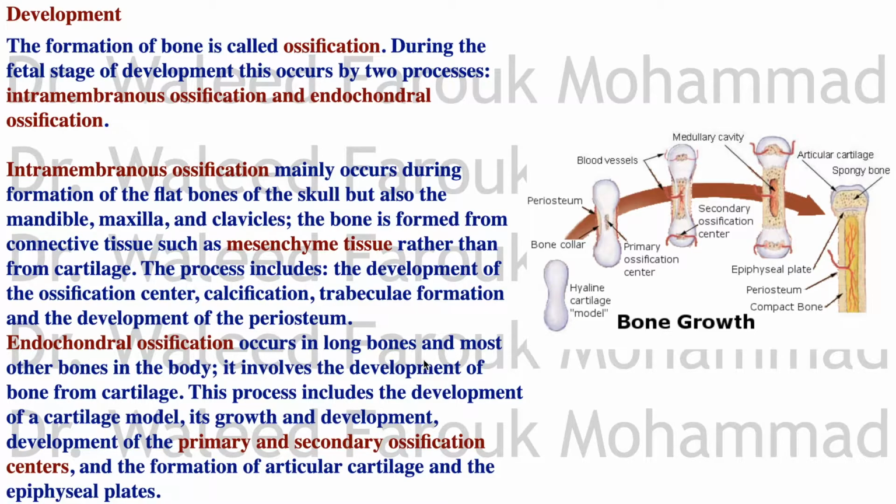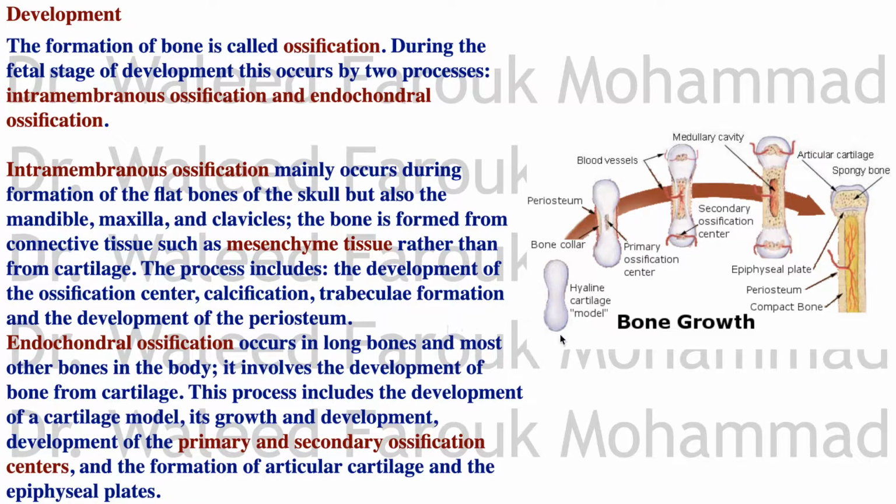Now, in endochondral ossification, that is ossification taking place in a cartilage model, the process includes development of a cartilage model, then it grows and develops, development of the primary and secondary ossification centers that appear in the bone, and the formation of articular cartilage and the epiphyseal plates.